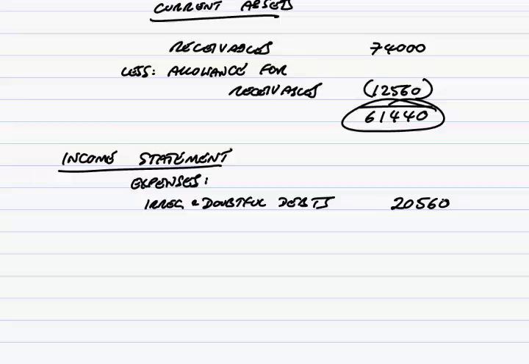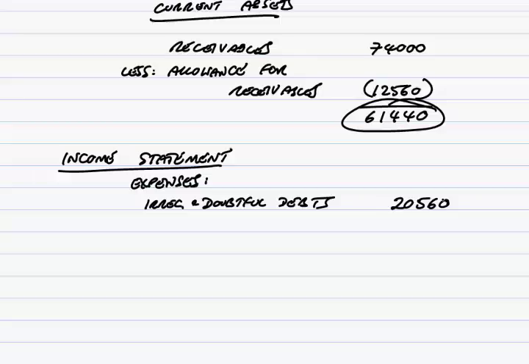However, to be safe, we do need to carry on and look at what happens with Scylla next year, because strange things can happen. For instance, in this example, John was irrecoverable. We were certain we were never going to get the money, but of course you can never be certain. What happens next year if John pays? Well, I'm going to have to show you. Also, the doubtful ones. George was doubtful. Well, he was doubtful at the end of this year, but surely one of two things is going to happen.